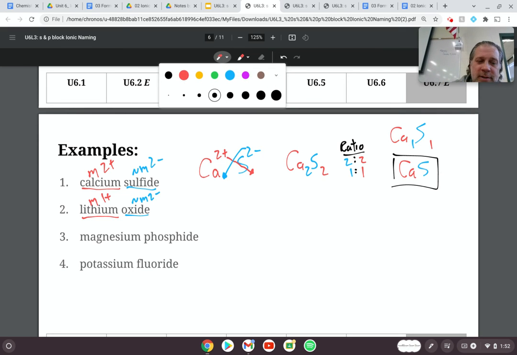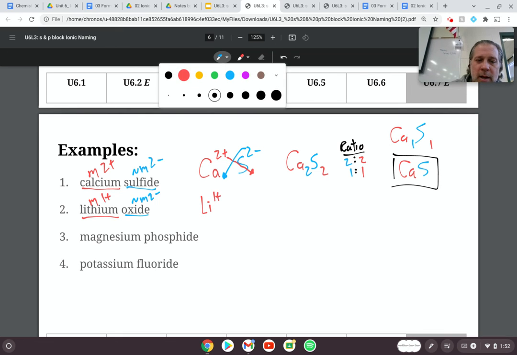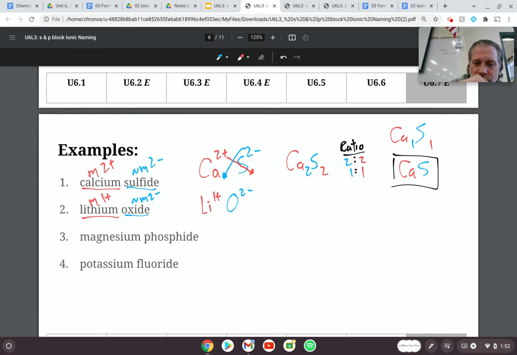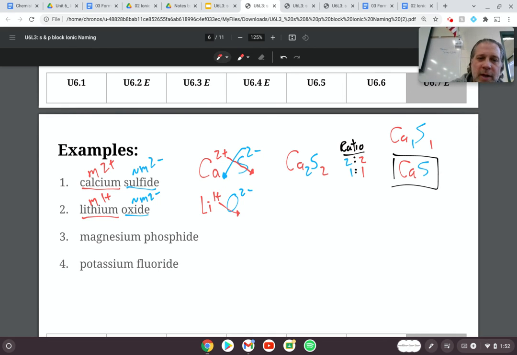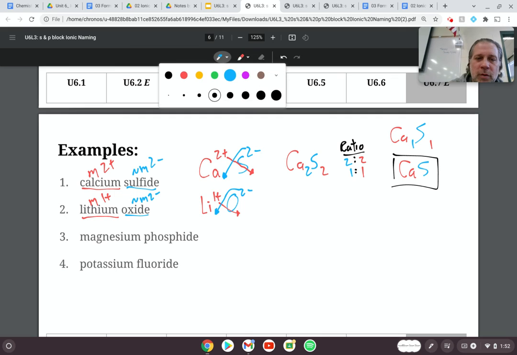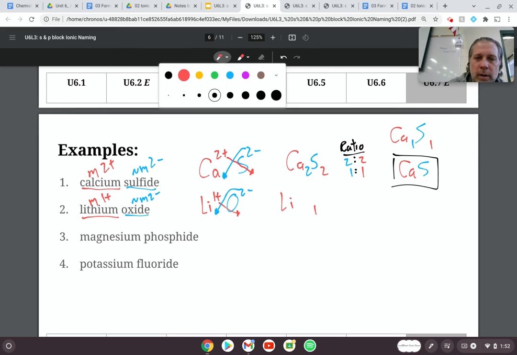So I'm going to write those ions next to each other, Li +1 and O -2. I'm going to crisscross my charges down. So the 1 goes behind the oxygen, and the 2 goes behind the lithium. And then I'm going to rewrite my formula with that new knowledge. So Li2O1.